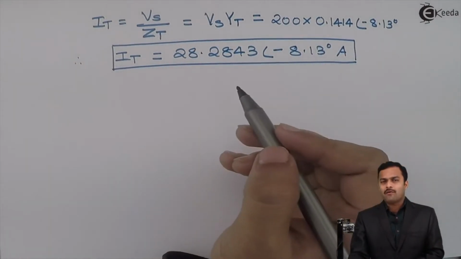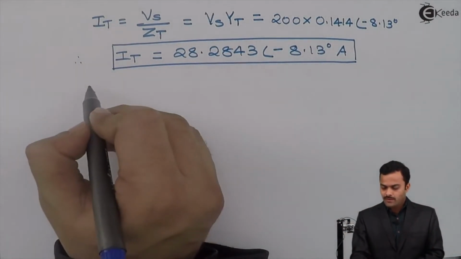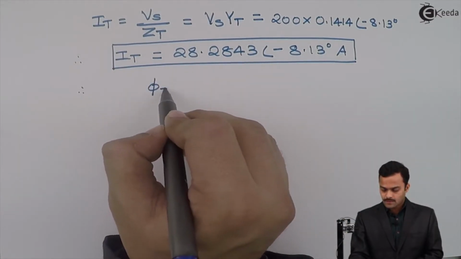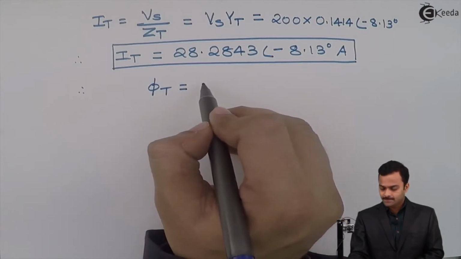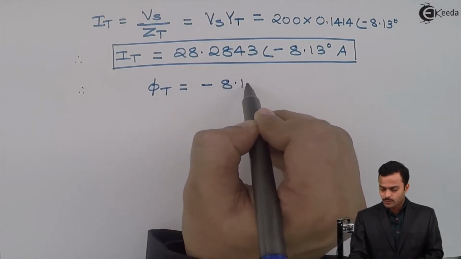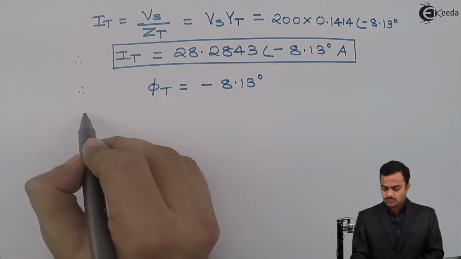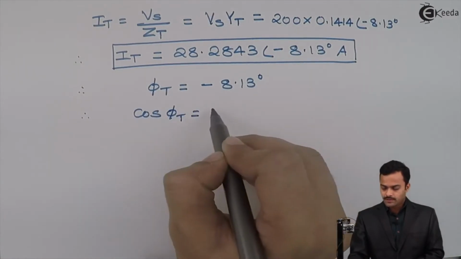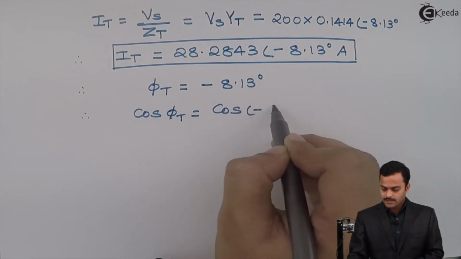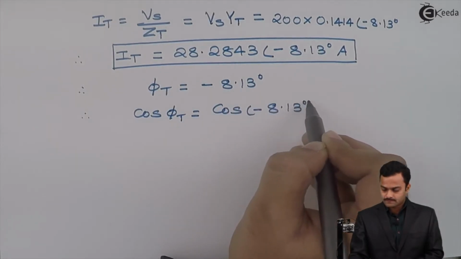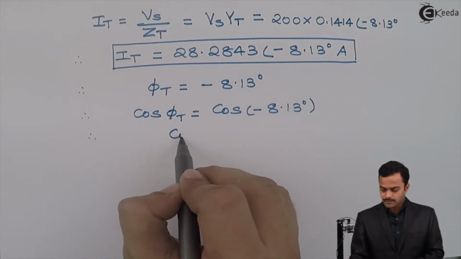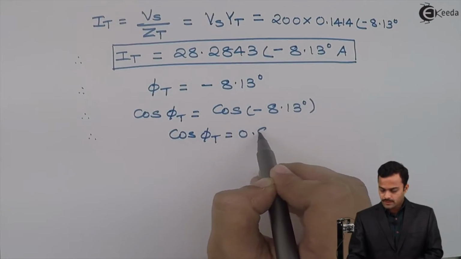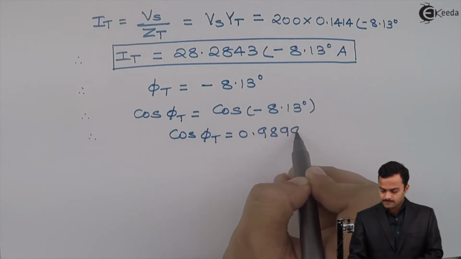Now total power factor is very simple. Whatever the angle of It we are getting, that will be the phi, or I should say phi t. So phi t is minus 8.13 degree. So total power factor cos phi t will be equal to cos minus 8.13, so the total power factor of the circuit equal to 0.9899.